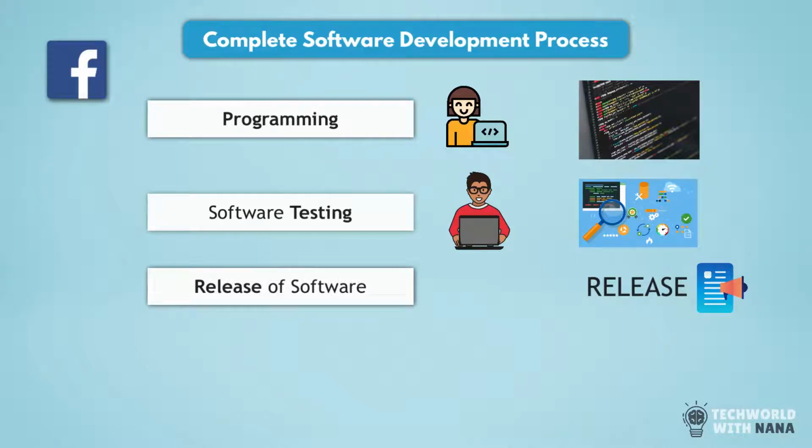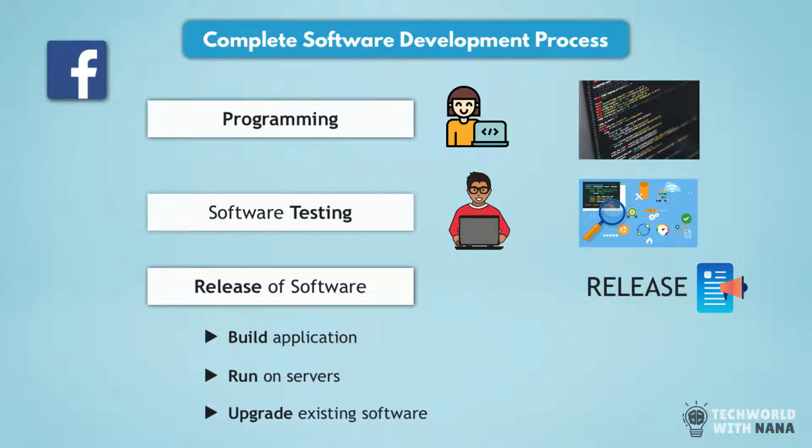And in order to release an application, you have to build that application, meaning package it into compressed code and then run it on servers, right? Of course, in the case of Facebook, the application is already running on multiple different servers. So when a new feature gets added, that feature needs to be added to that running code. So basically the application needs to be updated or upgraded.